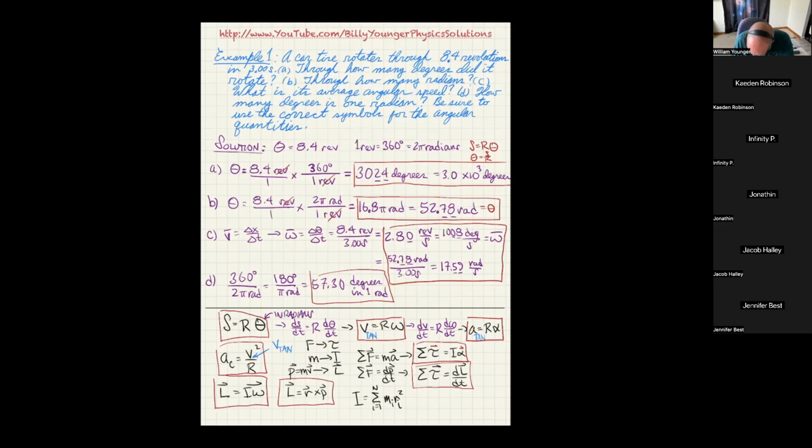But if you don't have a discrete collection, then it becomes the integral of r squared dm, and again our dm will be lambda dl, or sigma dA, the area, or rho dV, the volume.